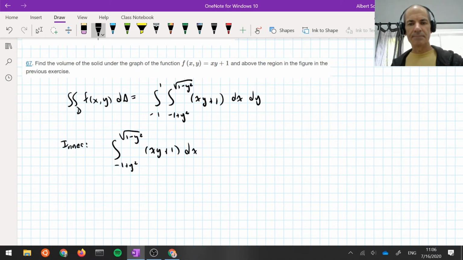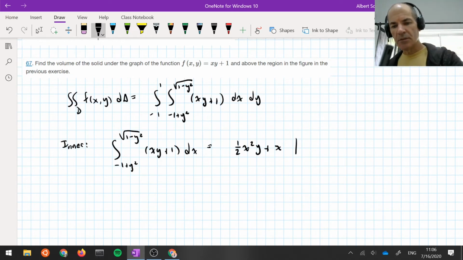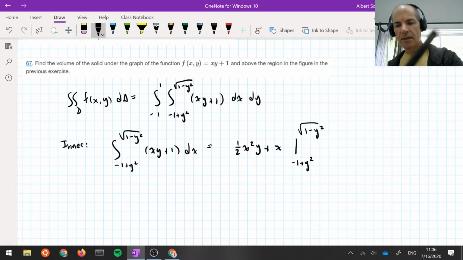Integrating this integrand with respect to x, we get 1/2 x squared y plus x. And we want to evaluate those between the limits -1 plus y squared up to the square root of 1 minus y squared.